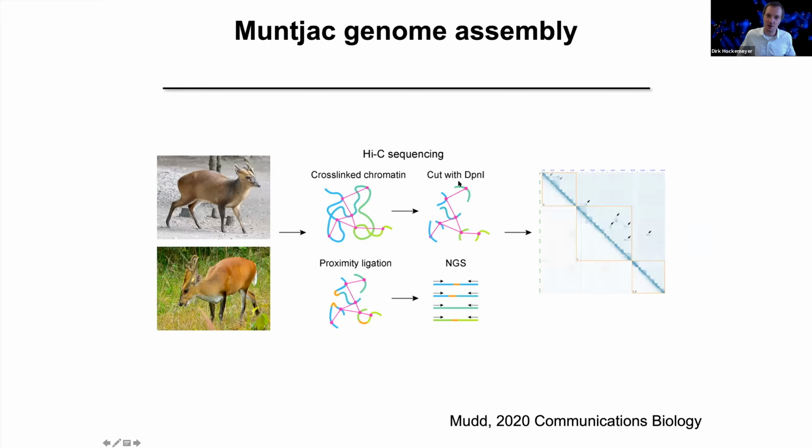You cut the genome with a frequent cutter, and by religating pieces together and performing next generation sequencing, you generate these Hi-C contact maps and can assemble the genome.